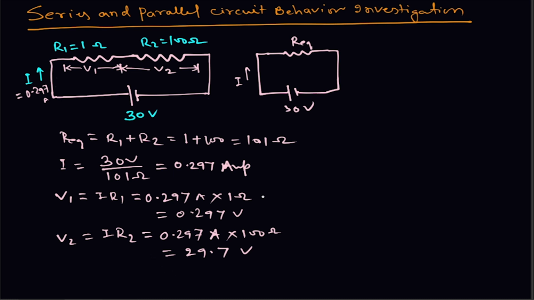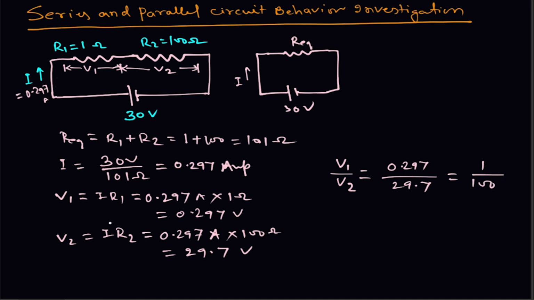Now you can see that R1 is 1 ohm and R2 is 100 ohm. So R1 is very less, so the voltage across R1, that is V1, is also less, and the voltage across R2, that is V2, is quite high. Now let us find this ratio, V1 divided by V2. V1 divided by V2 is equal to 0.297 divided by 29.7, that is equal to 1 divided by 100.